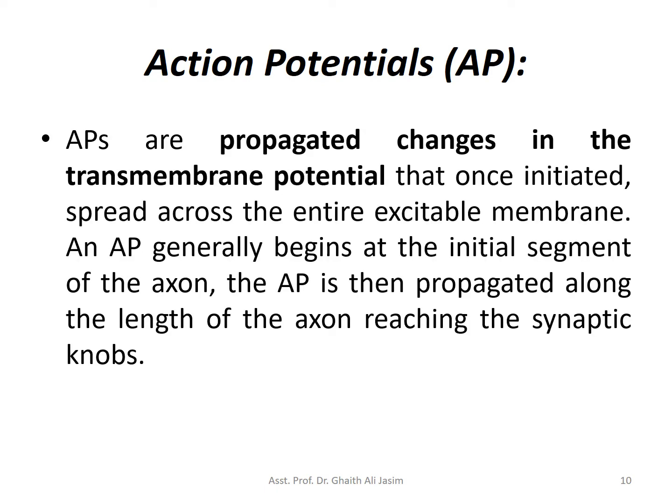Action potentials, the definition: they are propagated changes in the transmembrane potential that, once initiated, spread across the entire excitable membrane. An action potential generally begins at the initial segment of the axon. The action potential is then propagated along the length of the axon, reaching the synaptic knobs.